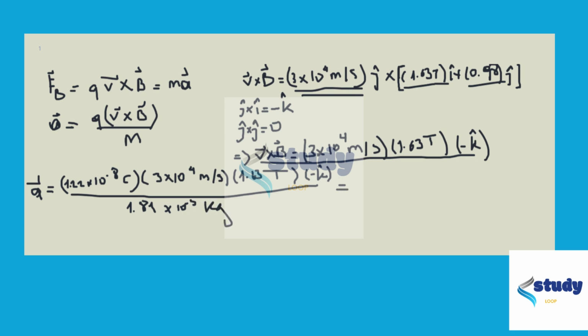So it's going to be equal to 0.33 negative K hat. Of course, the units are meters per second squared.